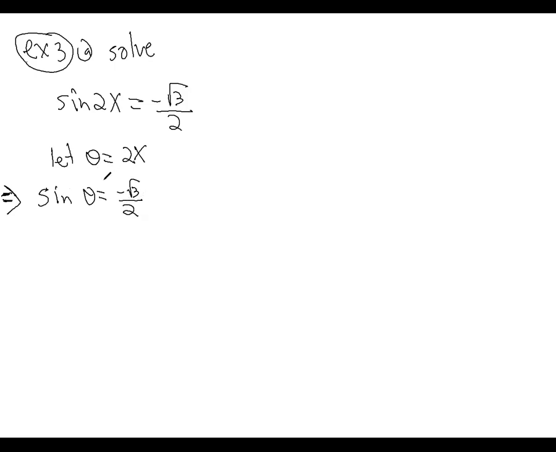Well, this is a trig equation with a single trig term, and it is isolated. So we can go ahead and figure out what angle theta is based on the fact that its opposite is square root of 3 and its hypotenuse is 2 for a reference angle. Now this negative says that we're going to be in quadrants 3 or 4, because sine is negative in quadrants 3 and 4.